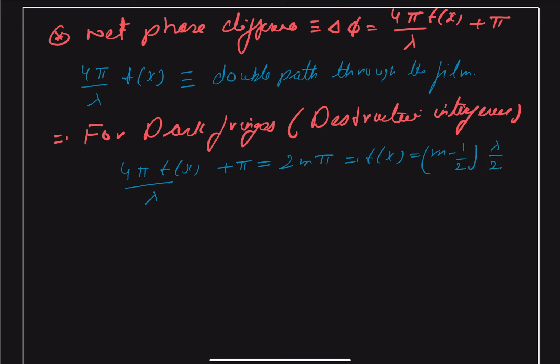Similarly, we can write for bright fringes, that is our constructive interference.